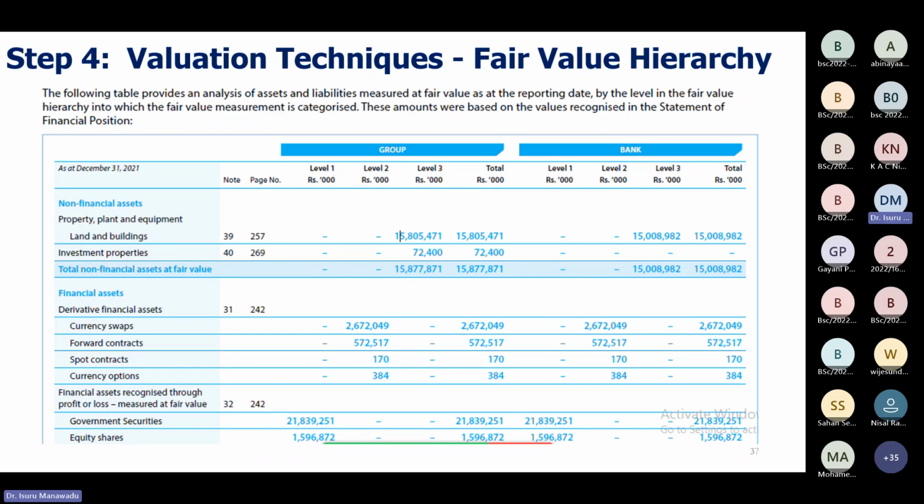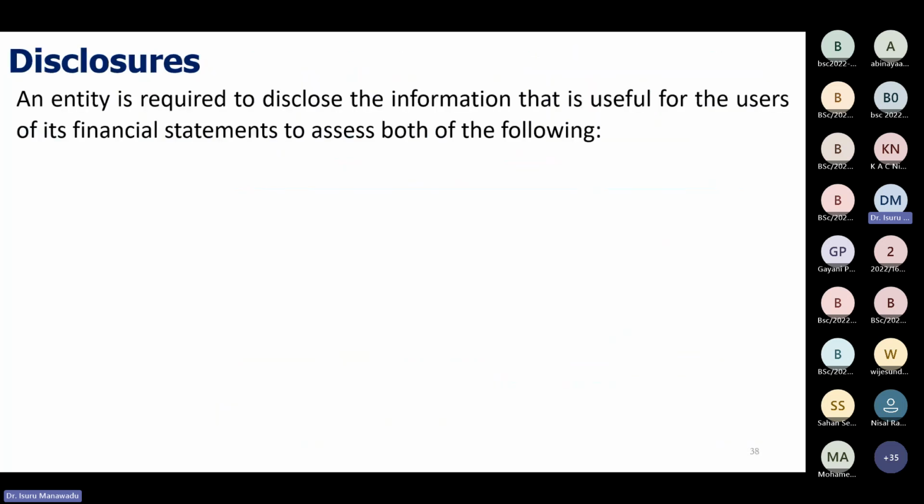Level 2, yes, available for currency swaps, forward contracts, spot contracts and currency options. Level 3, lands and buildings. Okay. So that's how we need to disclose in the annual reports and financial statements.